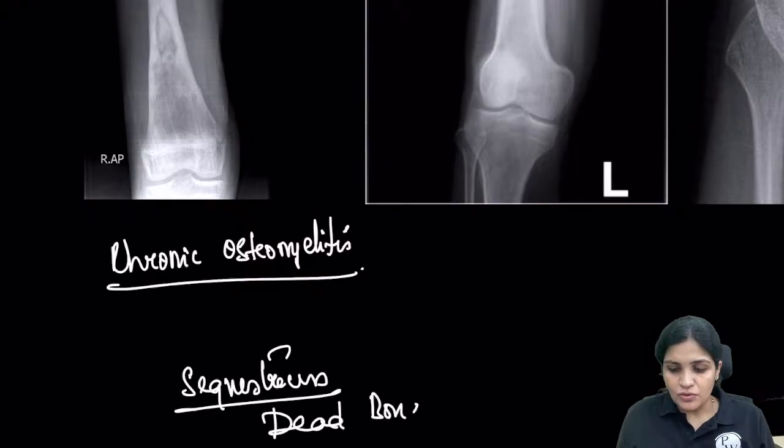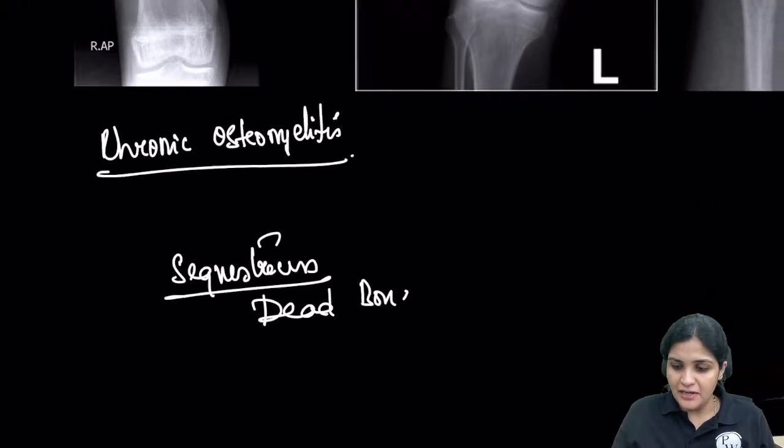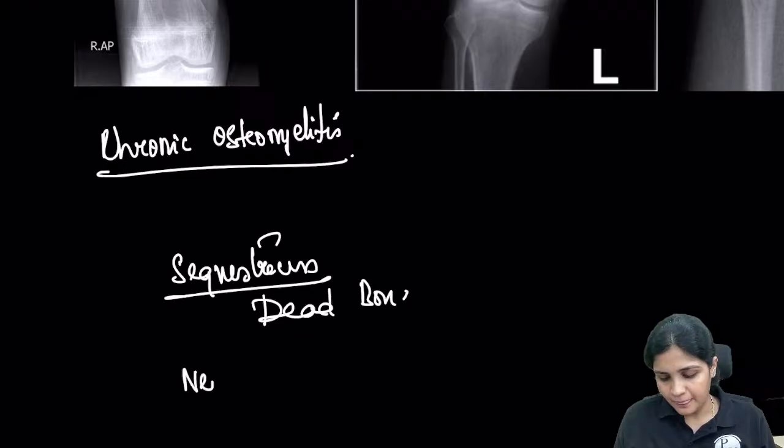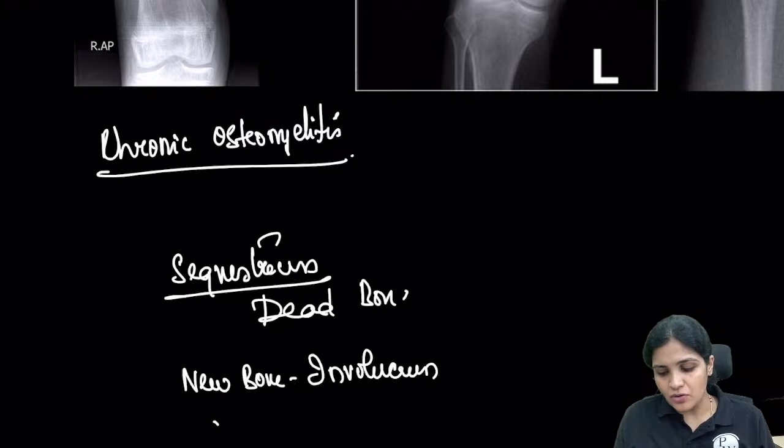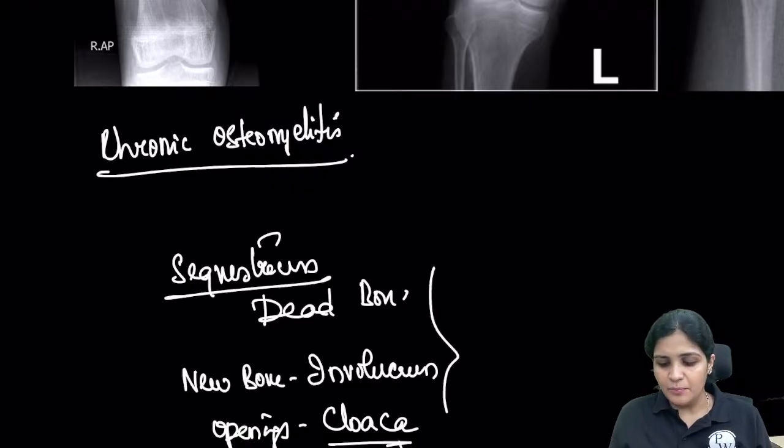The new bone is called the involucrum. And what are the openings called? Cloaca. So these three are the important words: sequestrum, involucrum, cloaca.